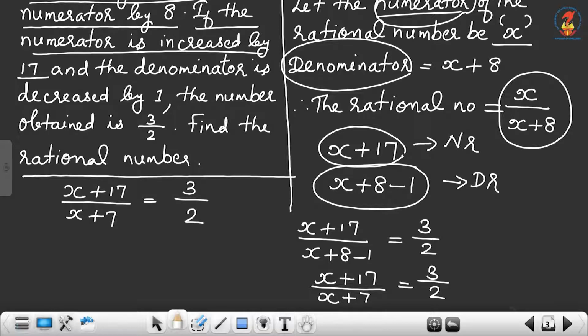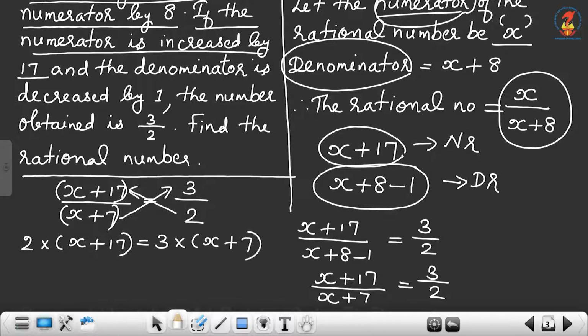Now, we can apply the cross multiplication method. Therefore, 2 into x plus 17 is equal to 3 into x plus 7, by the method of cross multiplication.